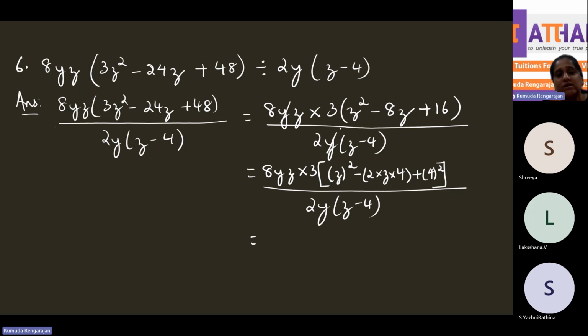And then this 2 ones are 2, 4 twos are 4. You don't have to carry it all the way like this. So you'll be left with only this. You'll be left with 4z in the numerator, 4z into 3, and this 2y gets cancelled, so it's 1.